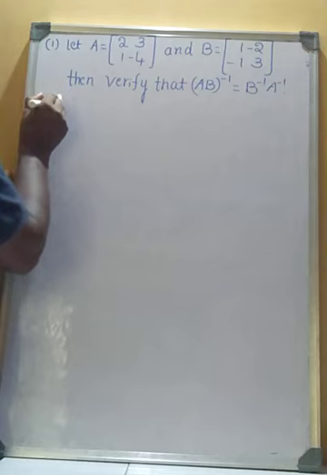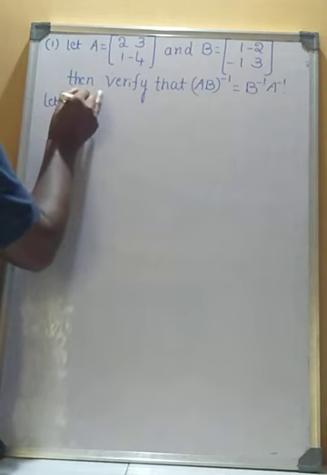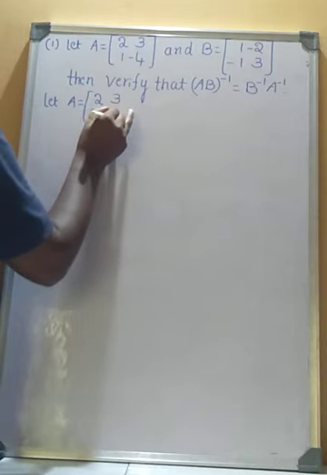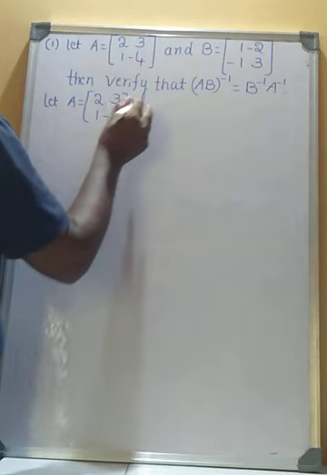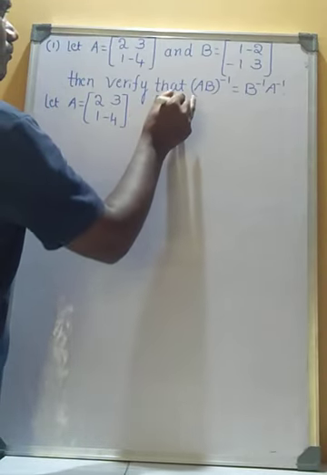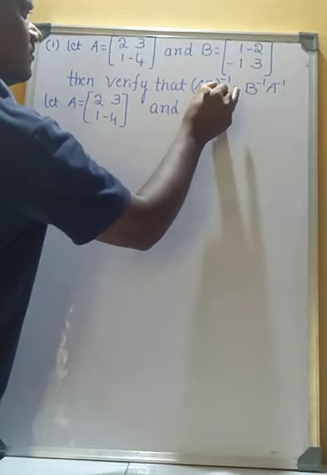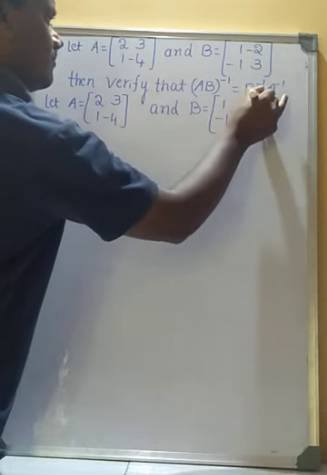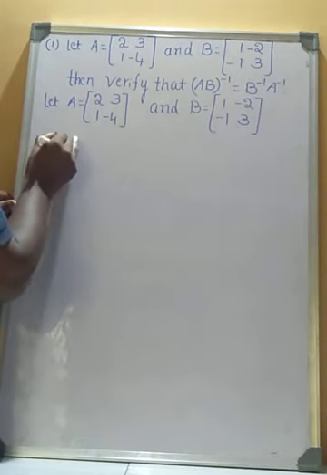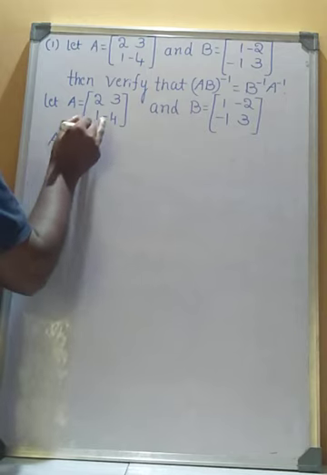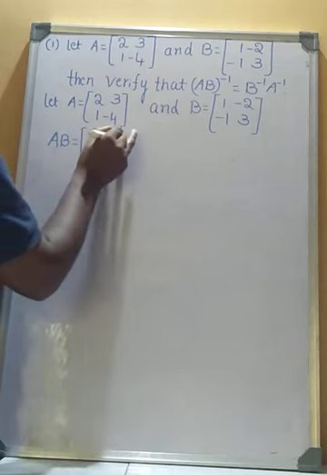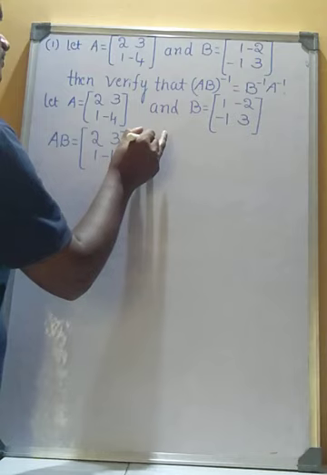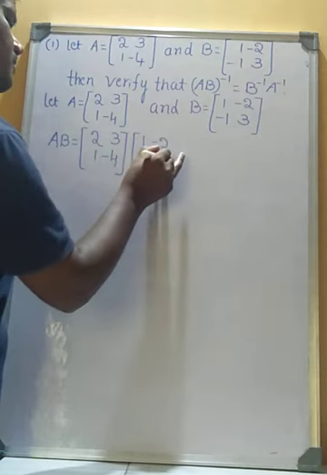So now, let matrix A equals [2, 3; 1, -4] and matrix B is equal to [1, -2; -1, 3]. Find AB: [2, 3; 1, -4] into [1, -2; -1, 3].